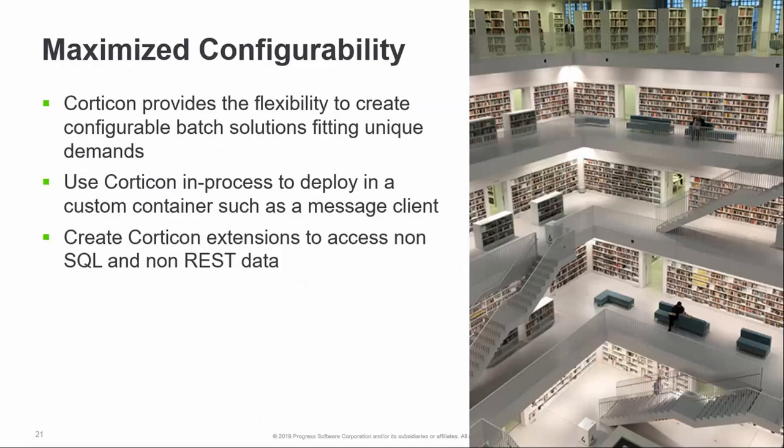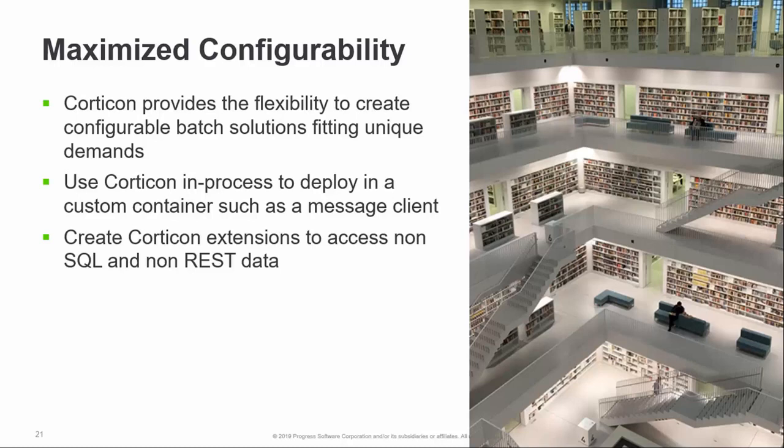So Corticon, again, we provide not only built-in batch processing capability, but we provide the ability to create a very customized solution. And if you're familiar with Corticon, the Corticon server is built to be embeddable. In fact, you can deploy it as a REST or SOAP service.